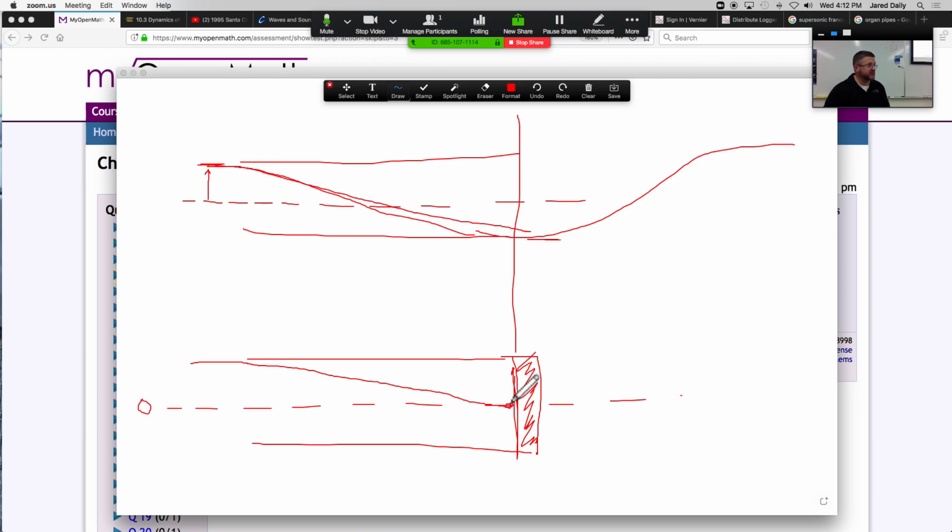Because at this end, the air just gets trapped against that wall and it can't move, right? So this has to go from open to closed. And so if I continue drawing the wave, it's going to go all the way down here and then have to go all the way back up here and way off the screen over here. And this ends up only being 1/4 of the wave. So in this case, the length of the tube is equal to 1/4 of the wave for the fundamental.